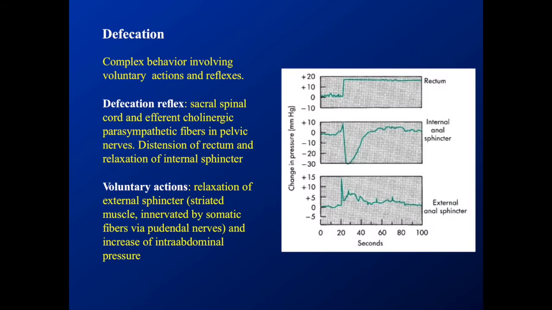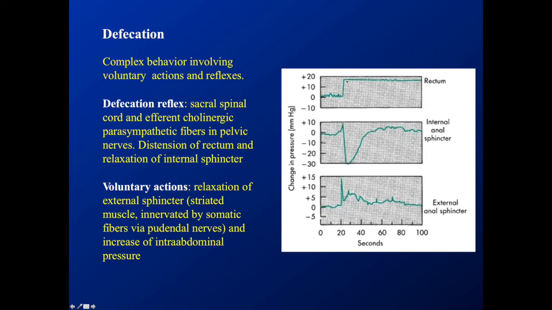So defecation is a complex behavior that involves both voluntary and reflex actions. It starts with the rectum, and you have the defecation reflex where the sacral spinal cord and efferent cholinergic parasympathetic fibers in the pelvic nerves result in distension of the rectum and relaxation of the external sphincter.